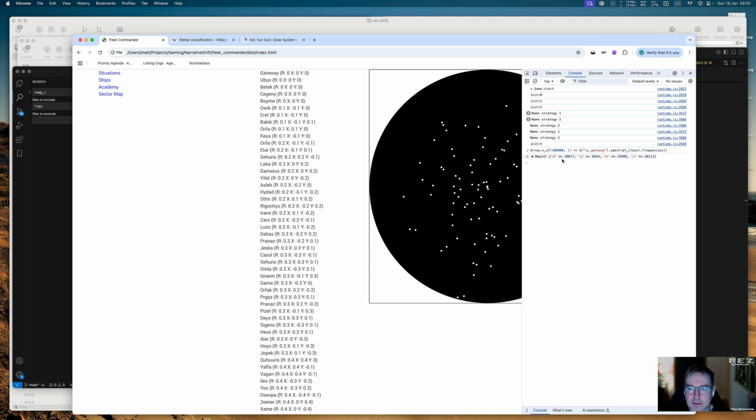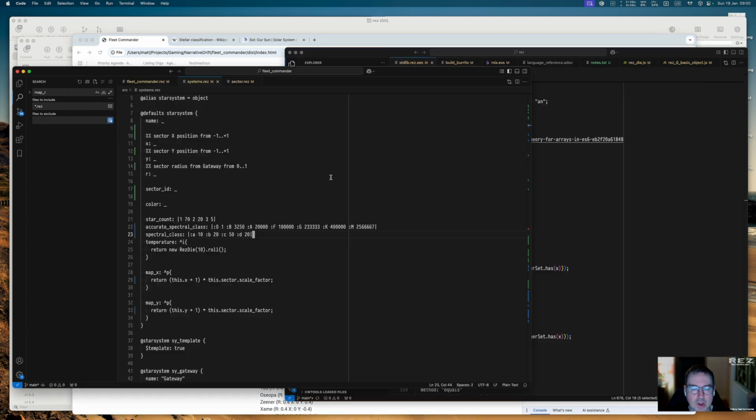Each time you look at spectral class, it will sample this table and give you one of these 4 outputs based on the relative frequency of those outputs. So that's what this function feature does.